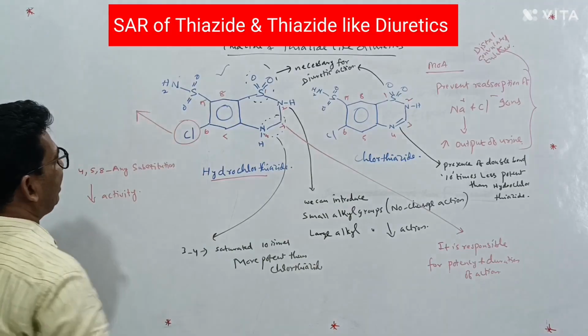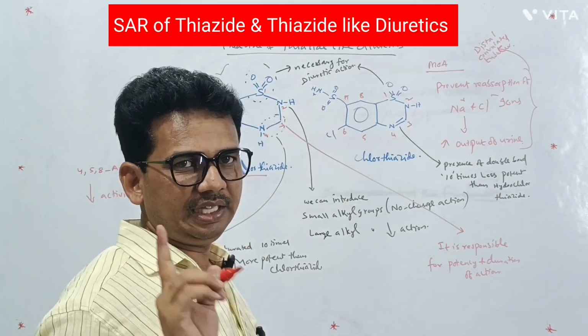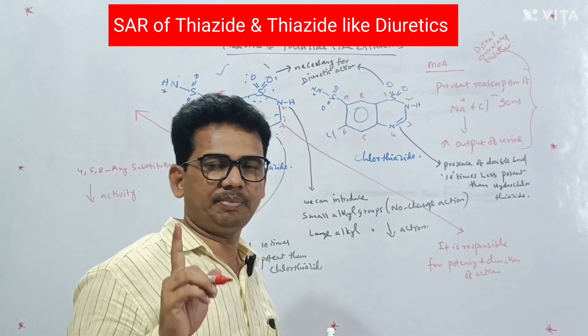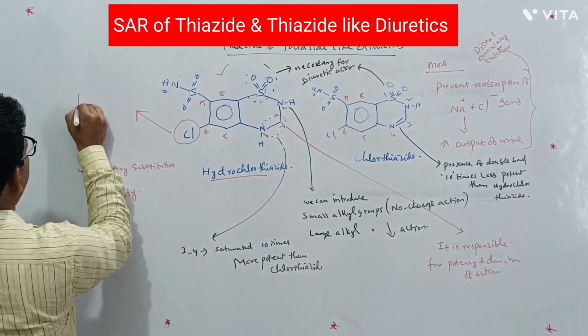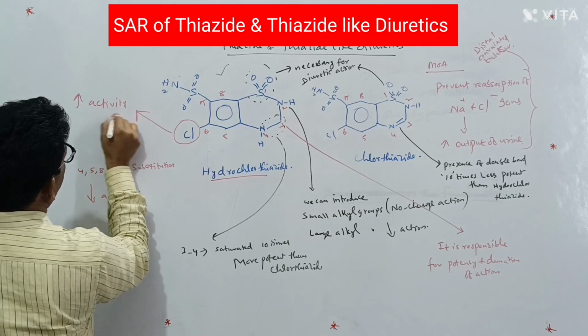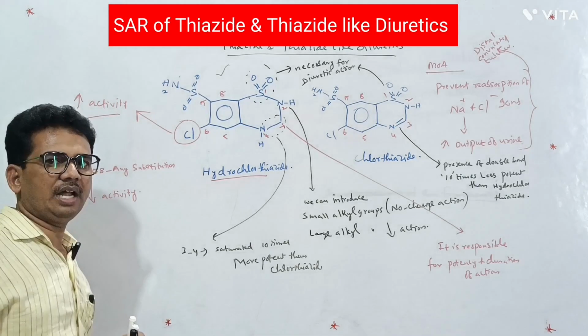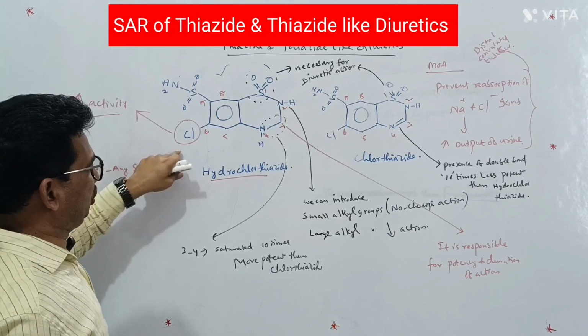Whenever an electron withdrawing group is there, especially in medicinal chemistry, 99.9% of the time it increases the activity. Remember this, because they are toxophoric in nature.